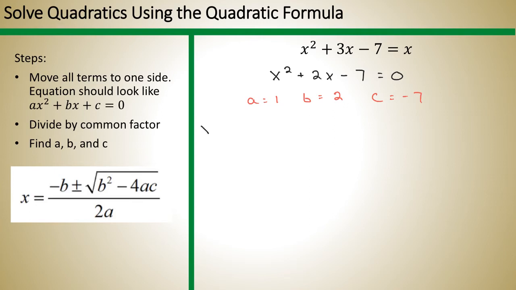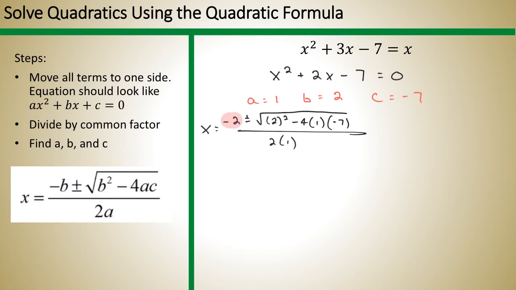So I've got x is equal to negative b plus or minus root, b squared minus 4 times a times c, all of that's over 2 times a, and then simplify.